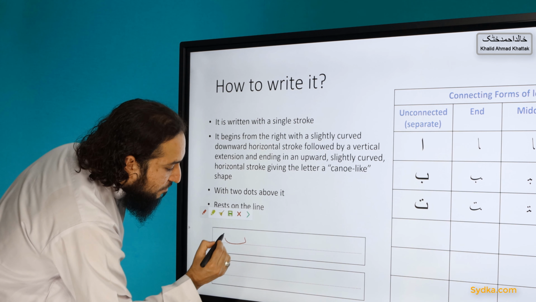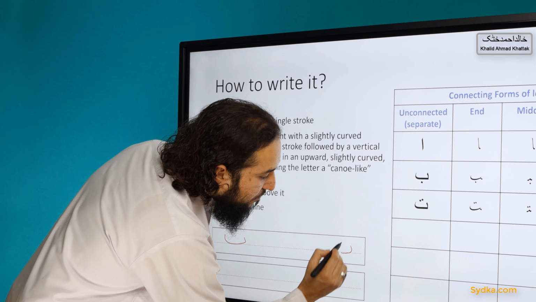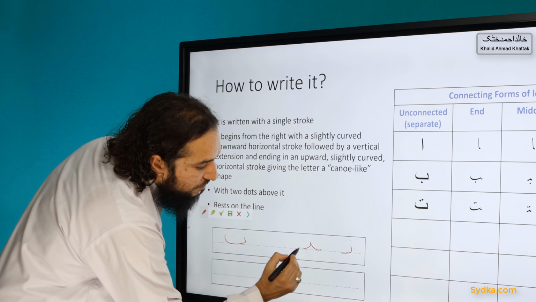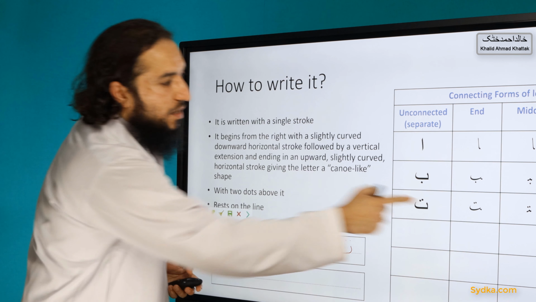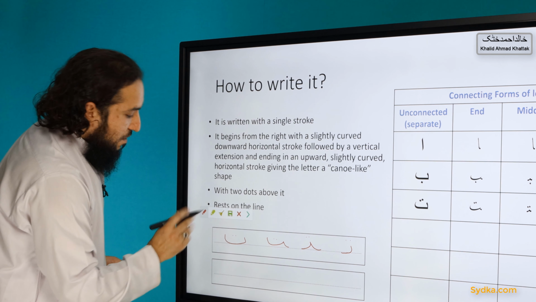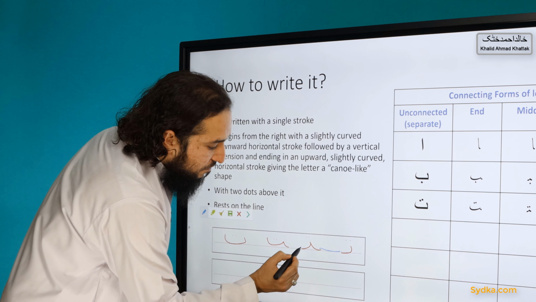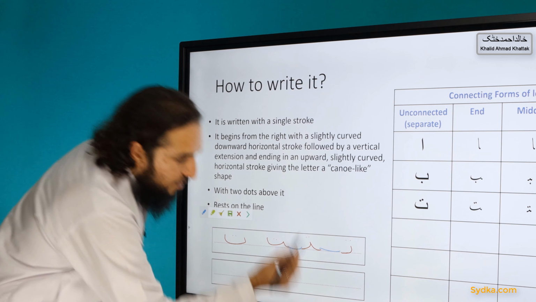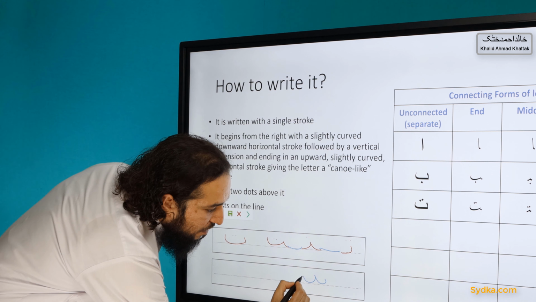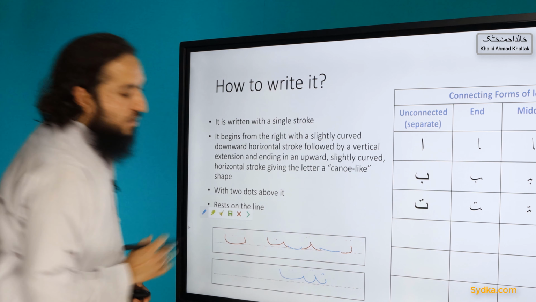If it's in the middle, and if it is at the end. Can we connect them? Yes. You can connect this one here, this one there. So if we make one word from it, now you can connect it like this.